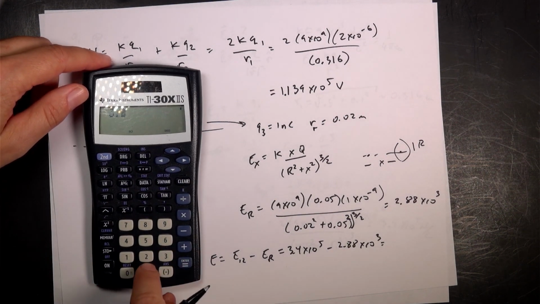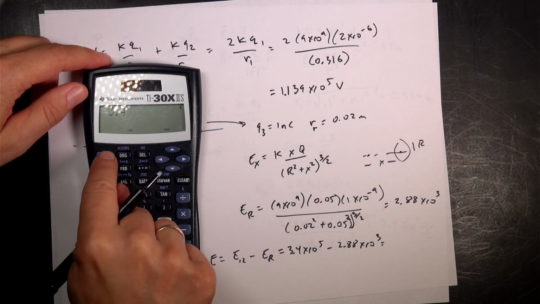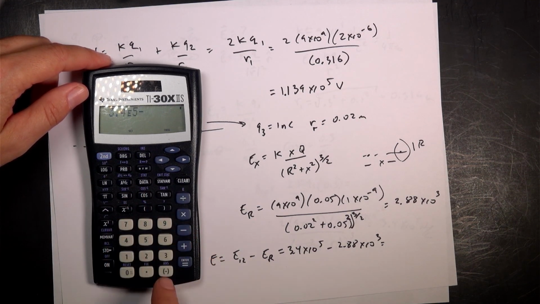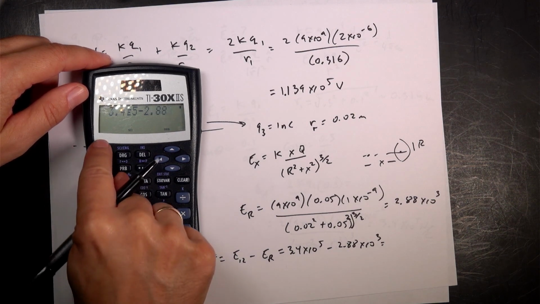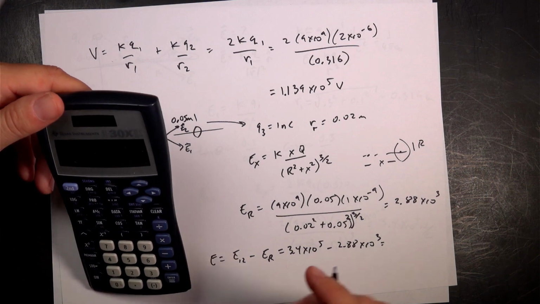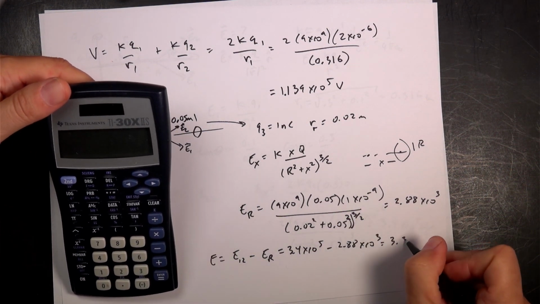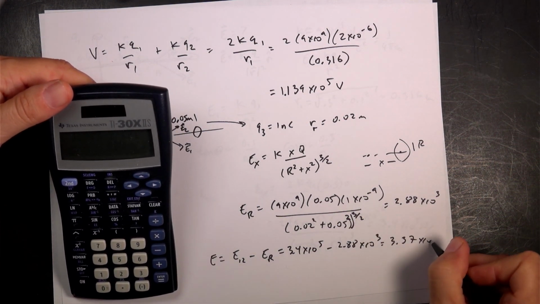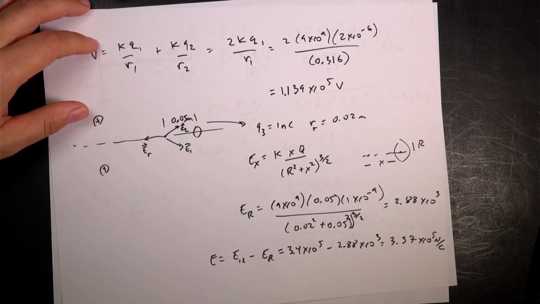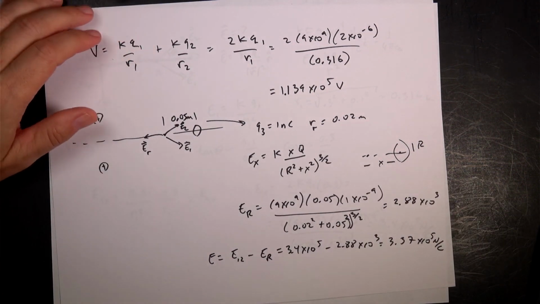So I get 3.4 times 10 to the 5th minus 2.88 times 10 to the 3rd equals, I get 3.37 times 10 to the 5th newtons per coulomb. And that's the magnitude of the electric field. It's in the positive x direction.